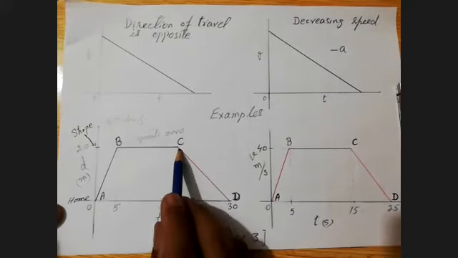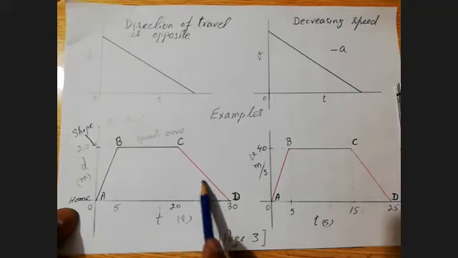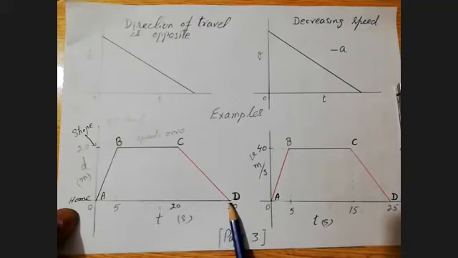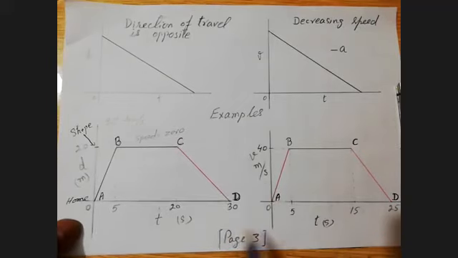Now from C to D, the body is coming back to home. So this is the gradient of the line which is showing the speed when the body is coming back to home.